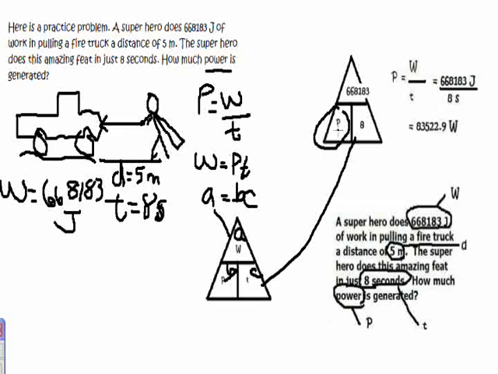So since I'm looking for P, all I have to do is divide the top part of the triangle by the bottom corner. And so that ends up being 83,522.9 watts. So power is always the units of watts.